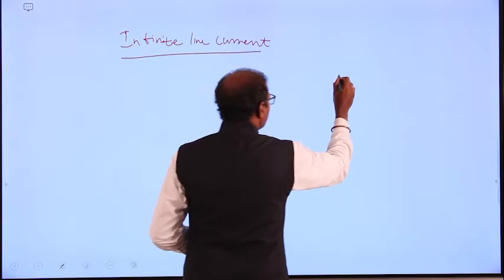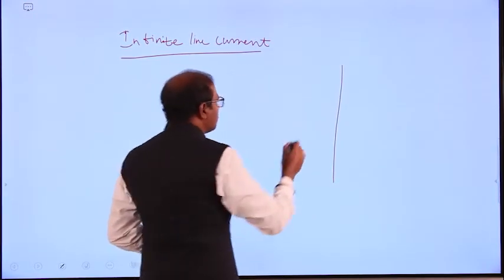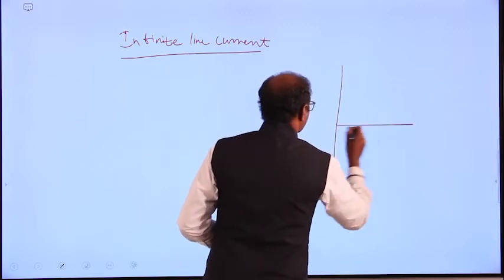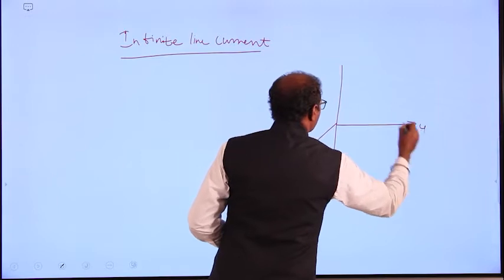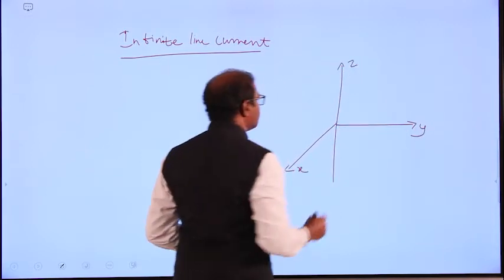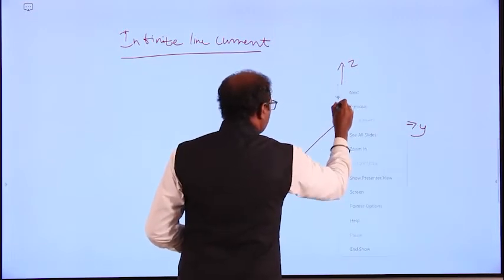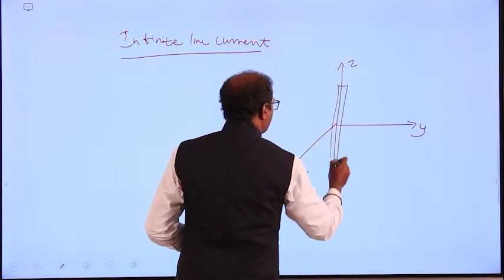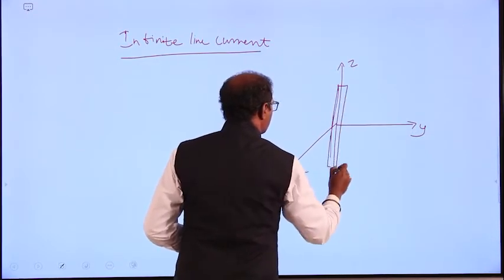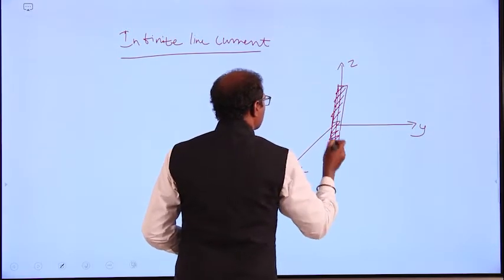First I am going to assign the axis coordinate system. This is X, this is Y, this is Z. I am going to keep one line conductor here.